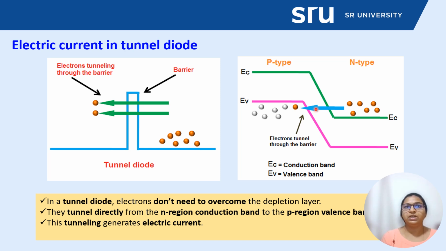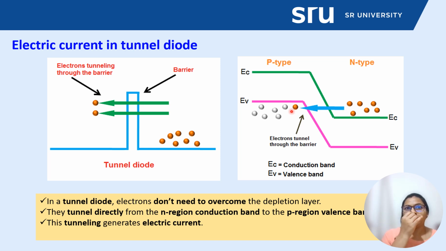The depletion layer of a tunnel diode is very small, in the range of nanometers. So the electrons can directly tunnel across the small depletion region from the N side conduction band to the P side valence band, meaning here to here.